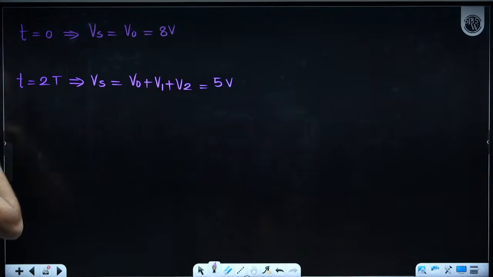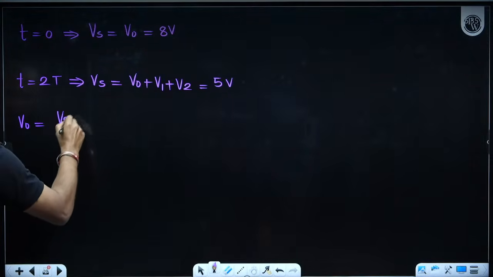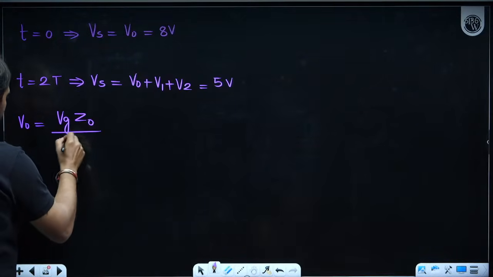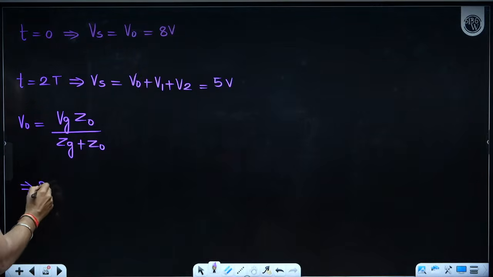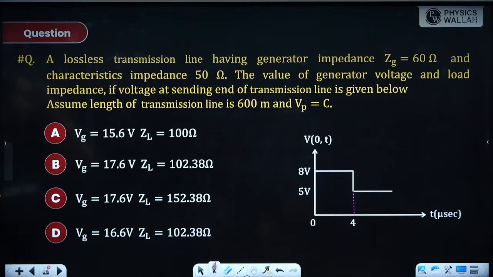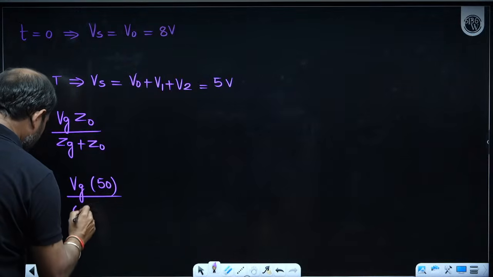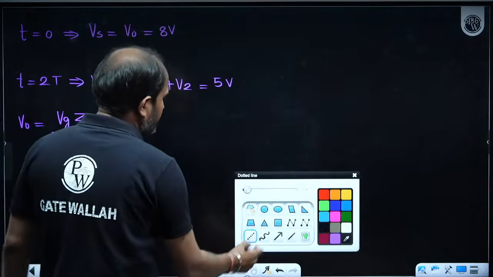Then we have V0. V0 is equal to Vg into Z0 divided by Zg plus Z0. So V0 is 8, Vg we don't know, Zg is 60, Z0 is 50. So 60 plus 50.